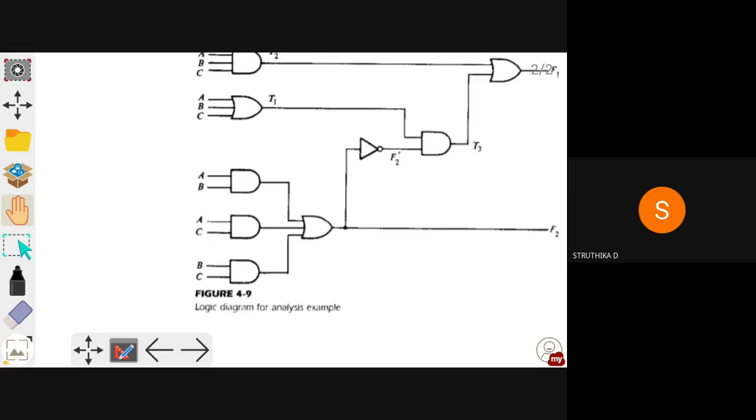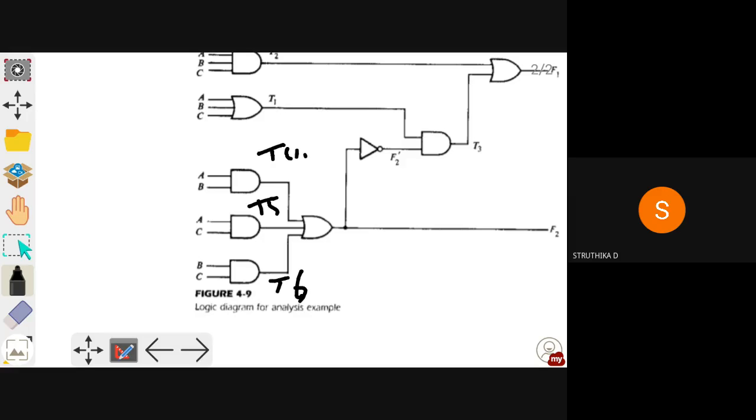The gates that are not marked, you can name with any variable. The AND gate for AB you can mark as T4, the AND gate for AC as T5, and the AND gate for BC as T6. And the output of the OR gate is F2.